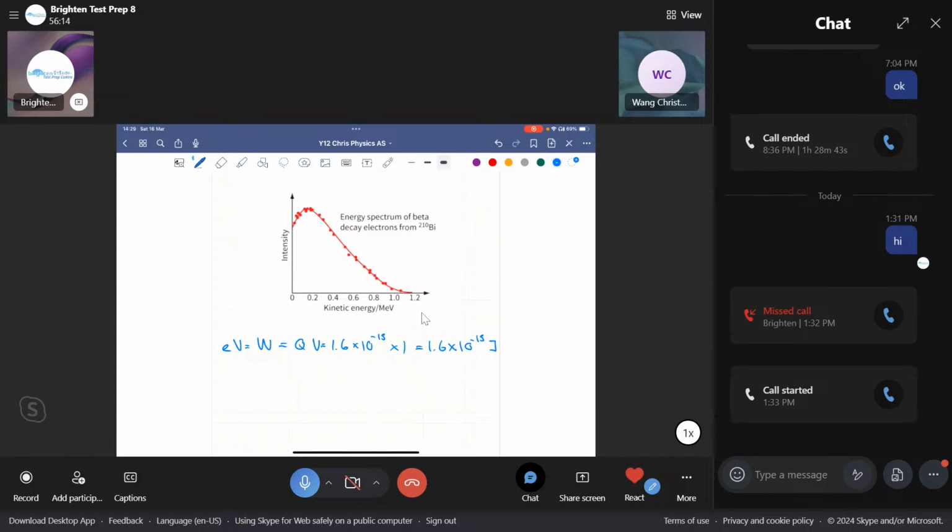Chris, 1 electron volt is the charge of 1 electron going through a potential difference of 1 volt. So with the times 1, that's the potential difference of 1 volt. And the charge is this one, the charge of the electron.